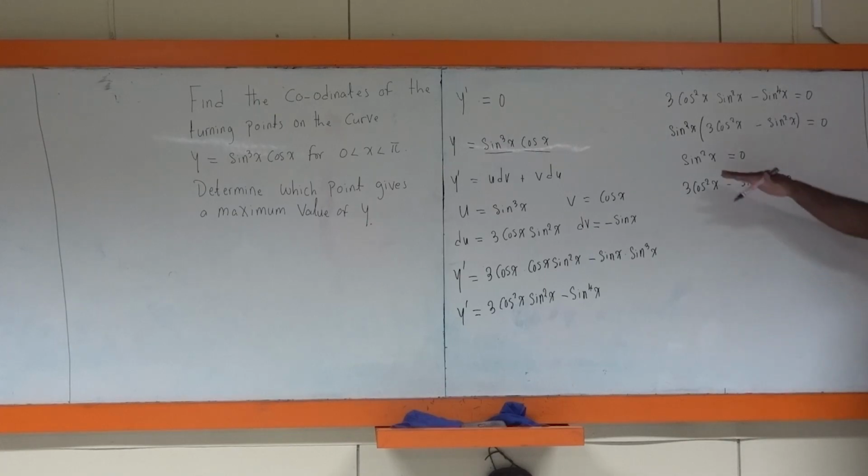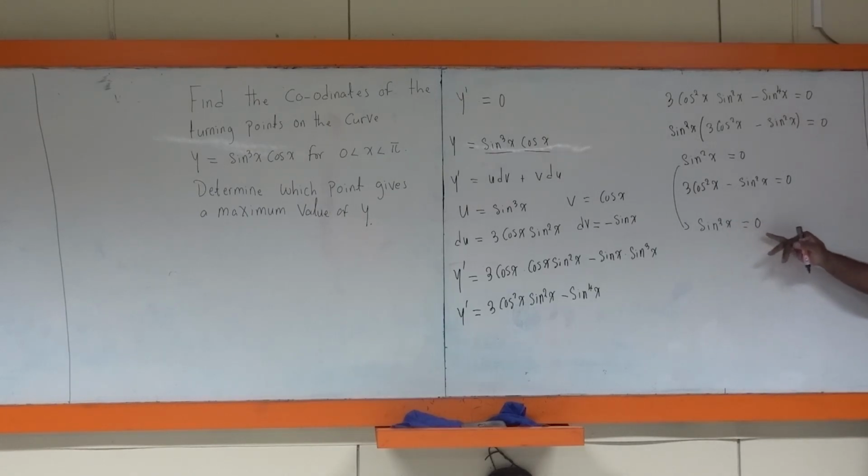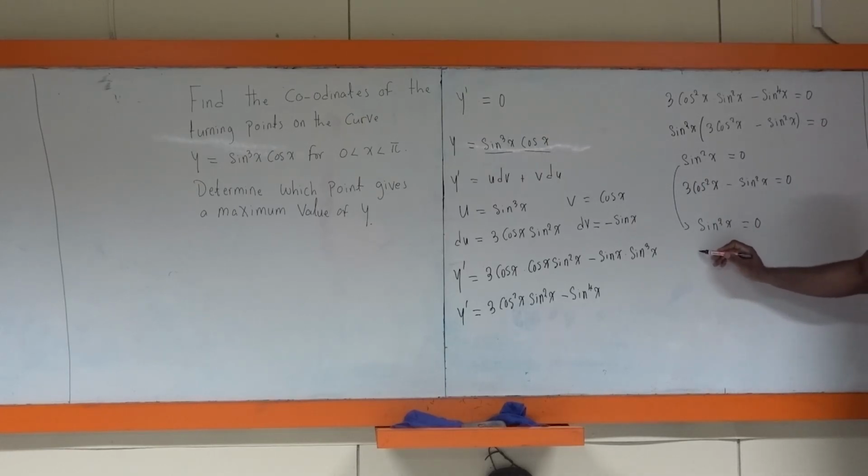Now let's begin with the first one. So let's begin with sine squared of x equals 0. So if I want to solve this function, I have to take the square root of both sides. So here, sine of x, we can say is plus or minus square root of 0.